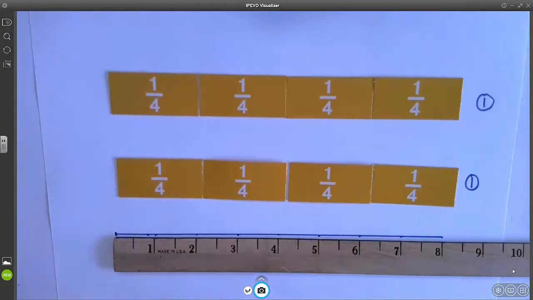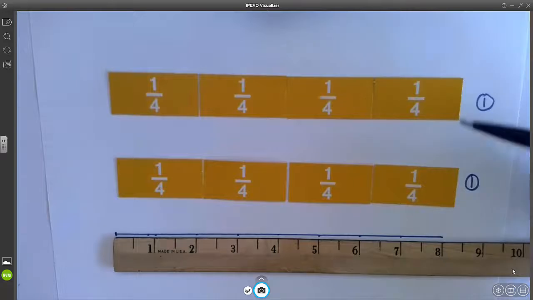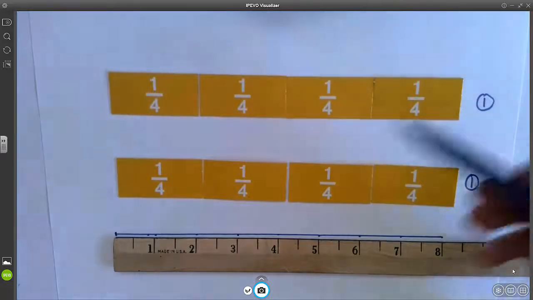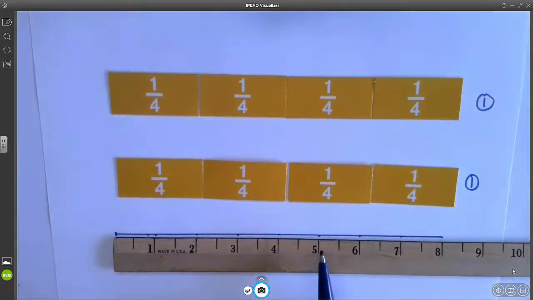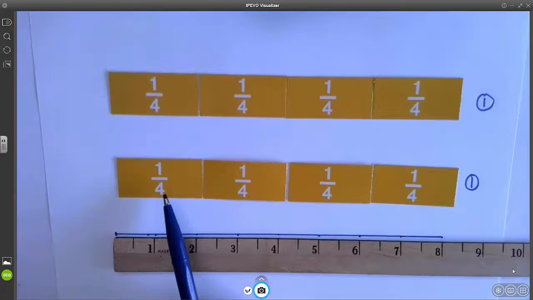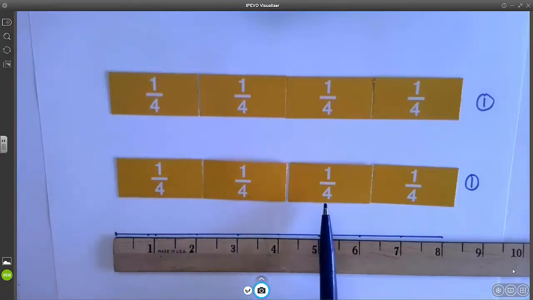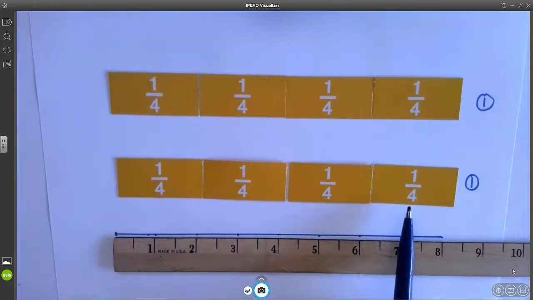So now for these two wholes made from fractional pieces, we must represent that on a number line. As you know, the denominator tells you how to divide the parts between whole numbers.